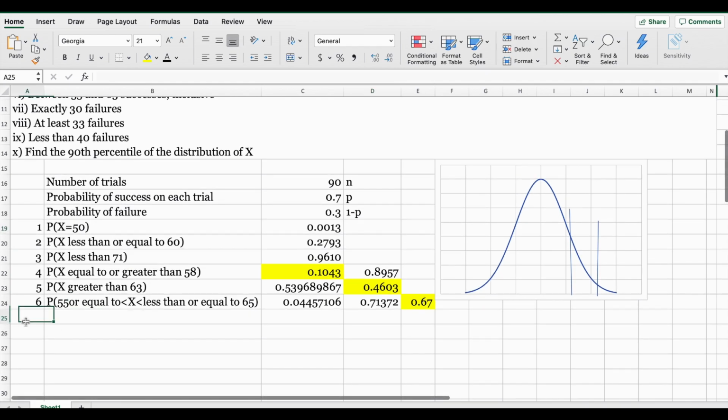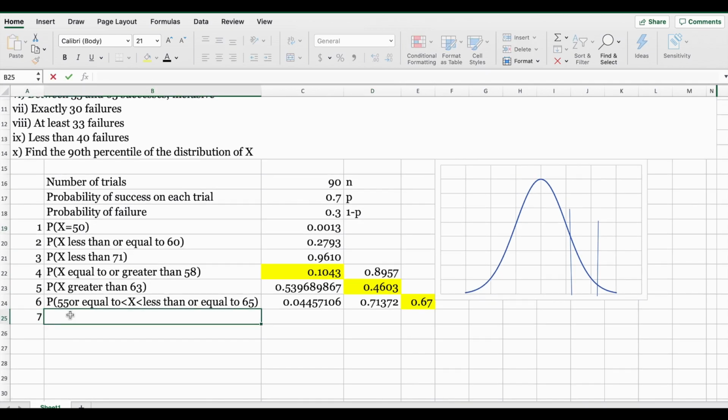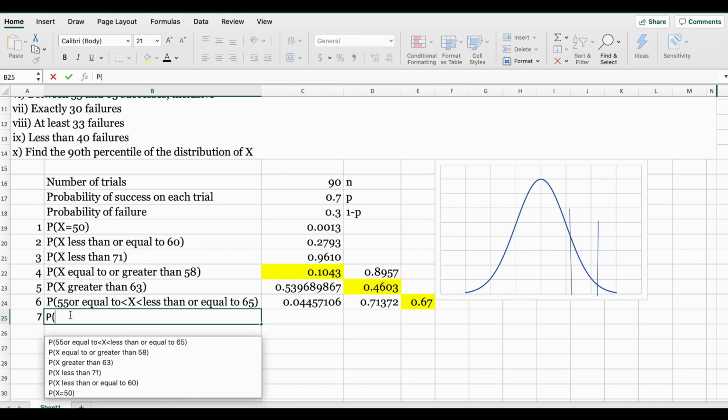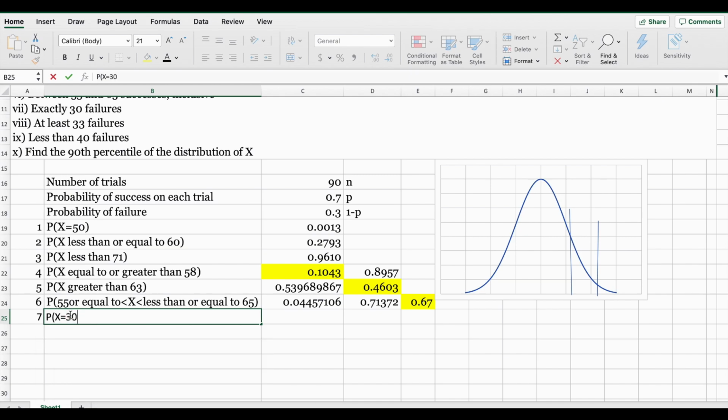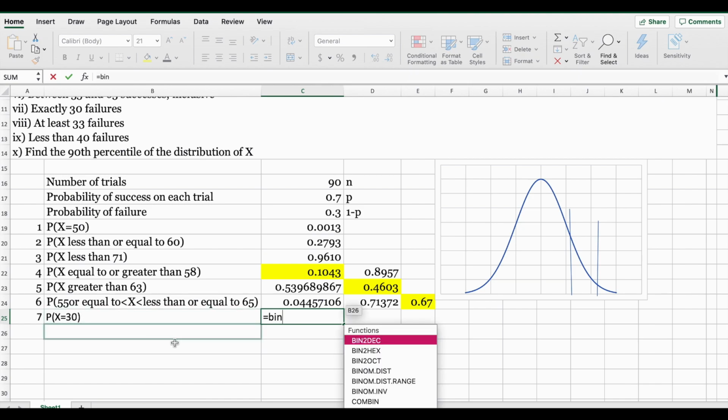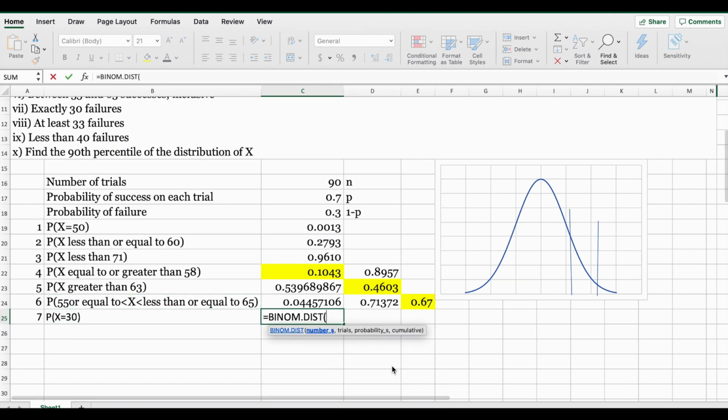So question number 7 is asking us to find the probability of x when it's exactly 30 failures. So x equals to 30. So here we can still use the binom dist function. Now here, the first number you're going to put is 30.